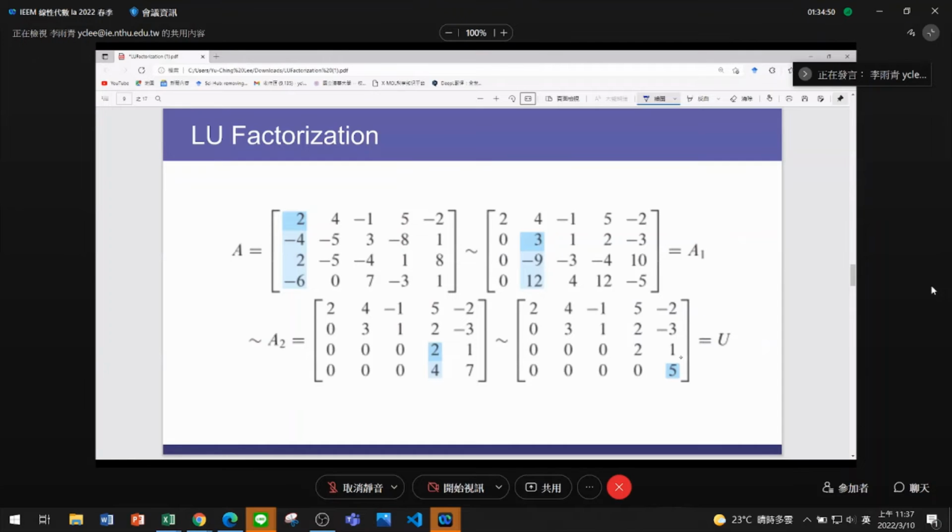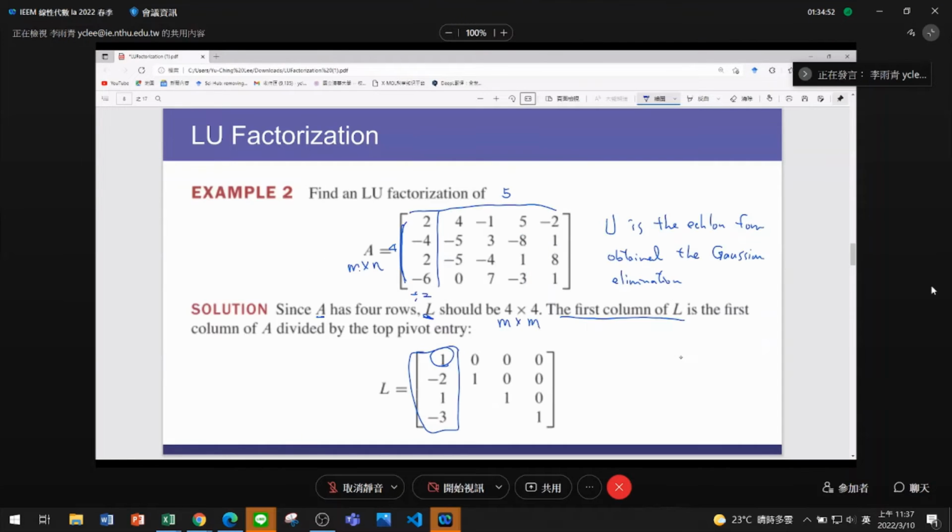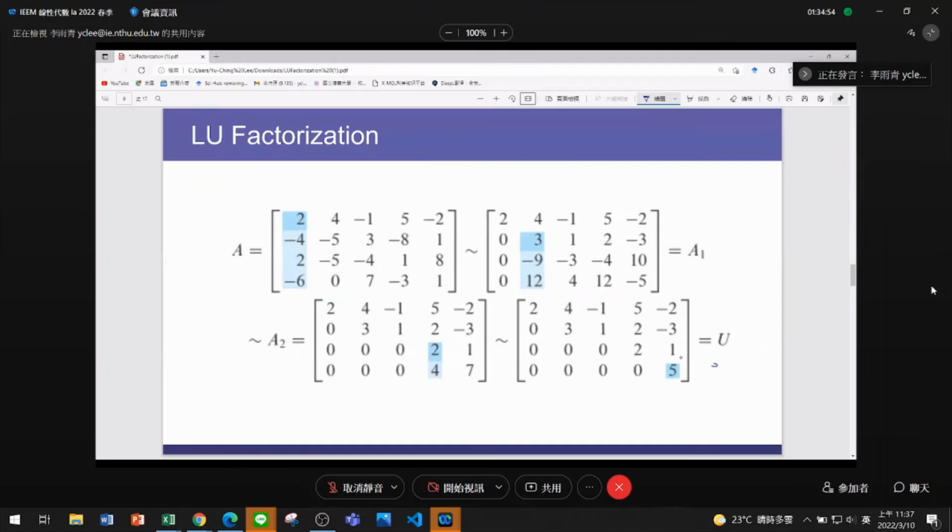Okay, this is how we get the echelon form, and we can observe the process. Here I identify the first pivot, which is 2. After the forward row reduction, these places become 0.